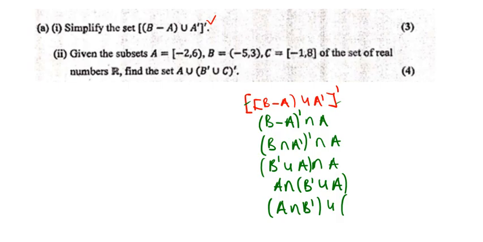And you remember what A intersection A is? A. So A intersection A is A, so we have union A there. Is that okay?